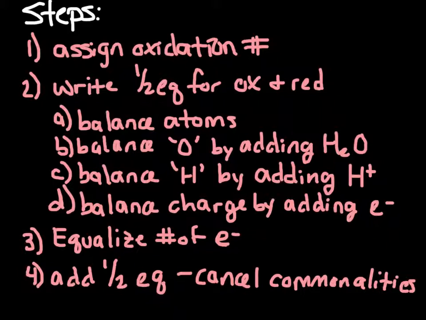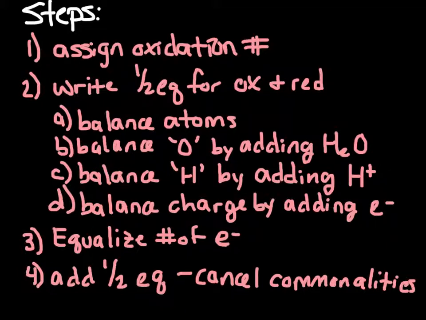Step 2 is broken down because in step 2 we want to write each half equation for the oxidation and the reduction equations. A: first, balance the atoms that are present. B: balance any oxygens by adding waters to the opposite side. C: balance the hydrogens provided from that water by adding H+ to the opposite side.